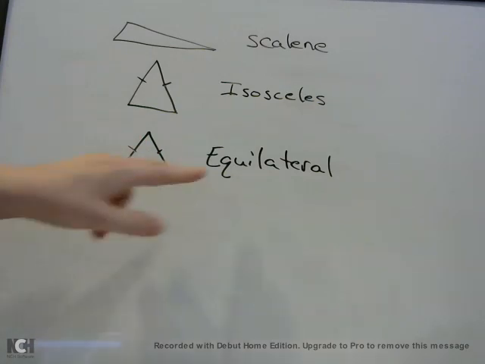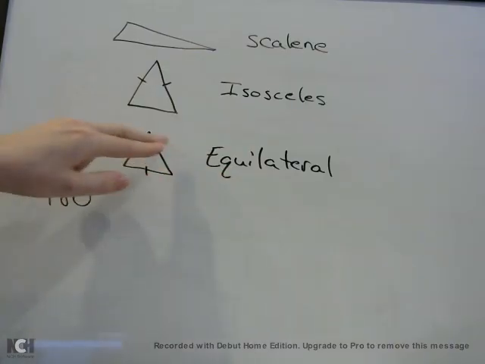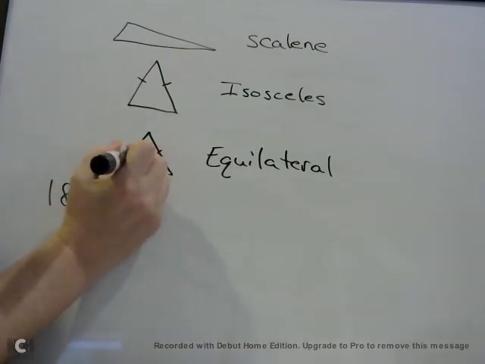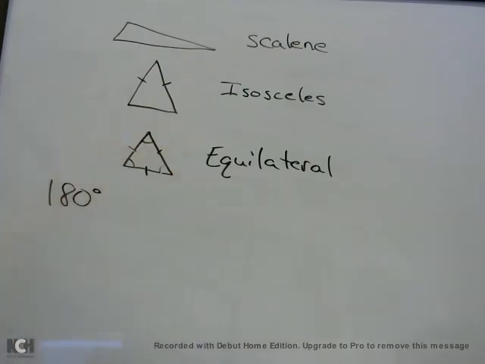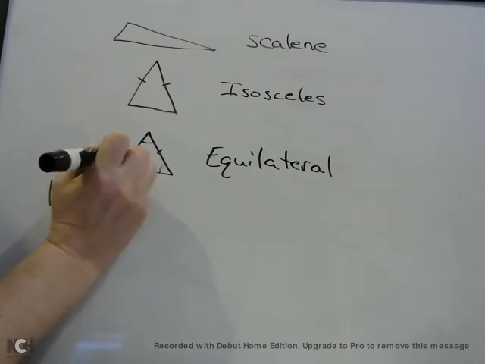So here's an important thing about equilateral triangles. Not only are the sides the same length, but all of these angles inside also have the same measurement. So the angles are all the same inside of an equilateral triangle. So if they all have to add to 180 degrees, what is the measure of any one of these angles? Well, it has to be 60 degrees.